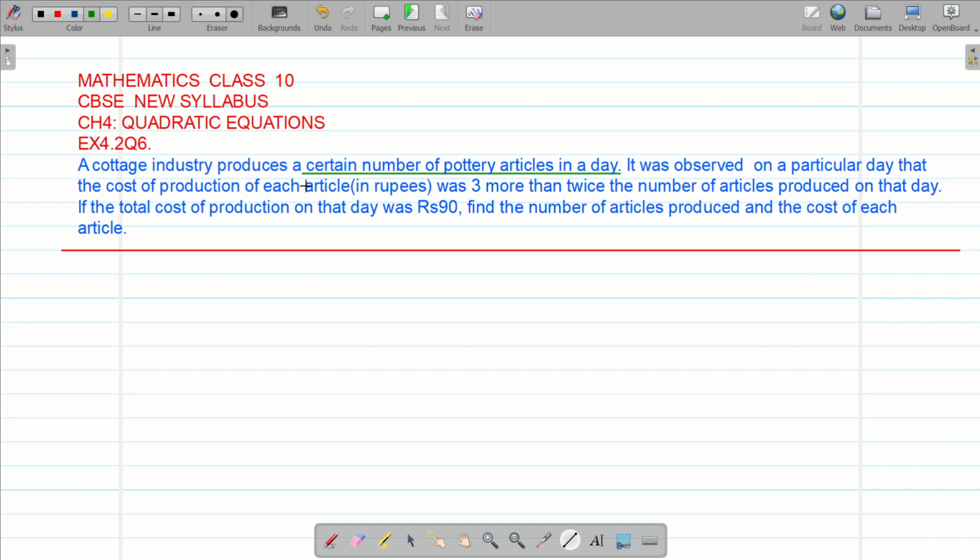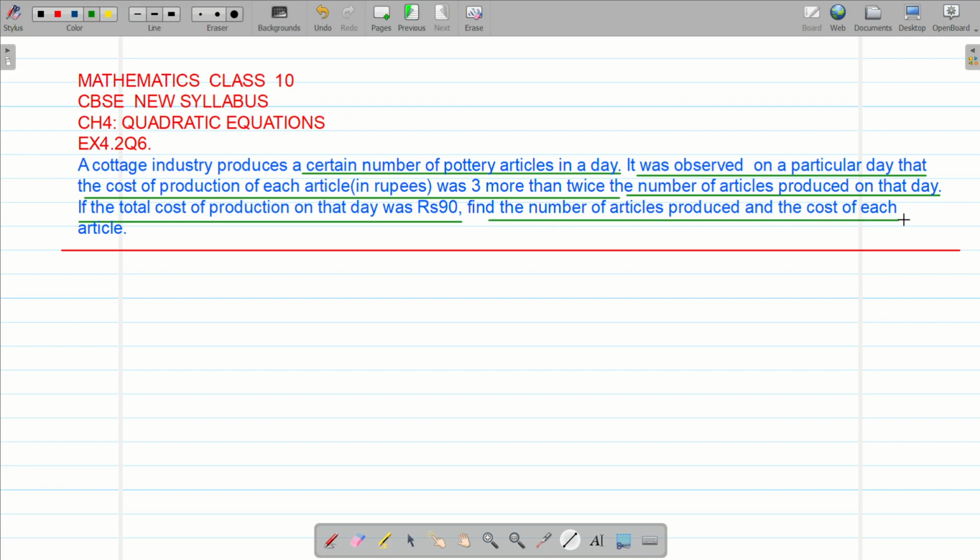It was observed that on a particular day the cost of production of each article in rupees was 3 more than twice the number of articles produced on that day. The total cost of production on that particular day was rupees 90. Find the number of articles produced and the cost of each article.